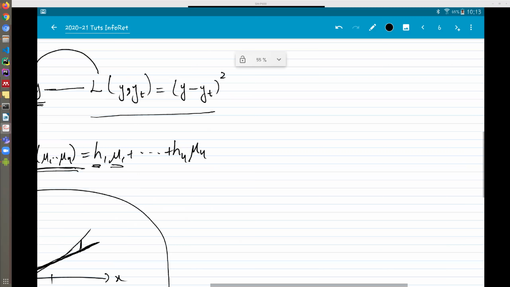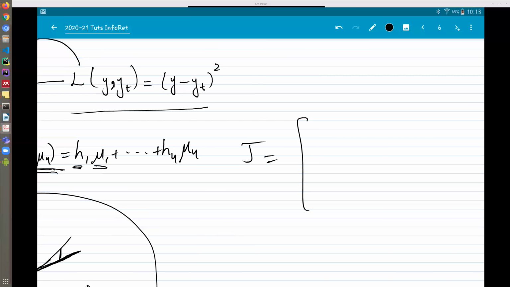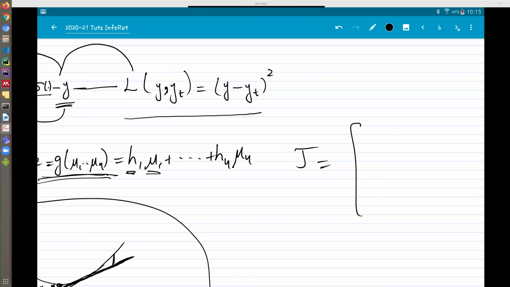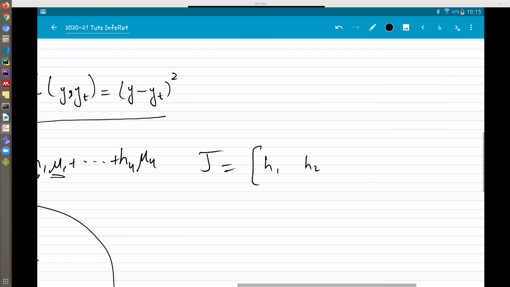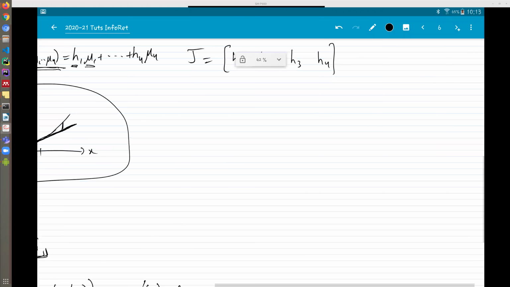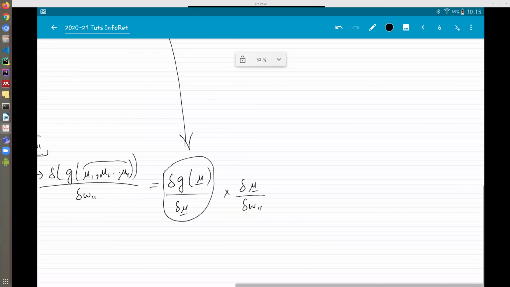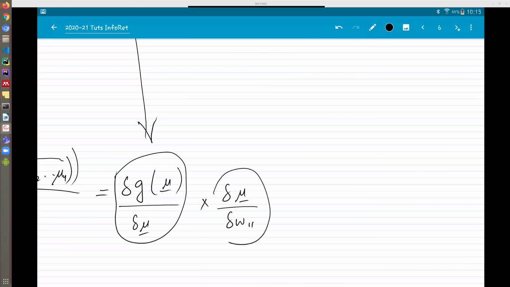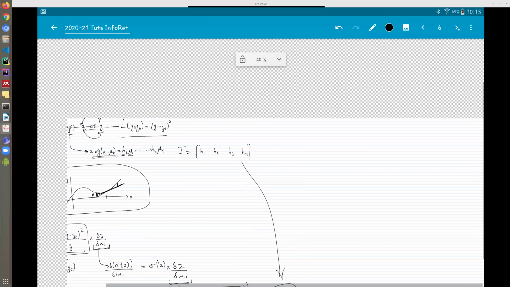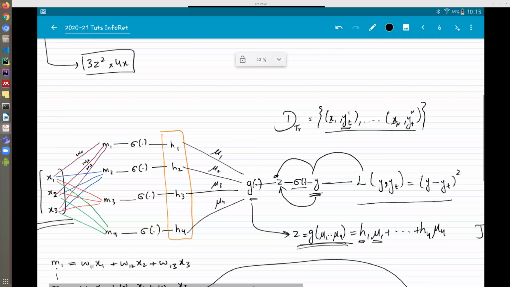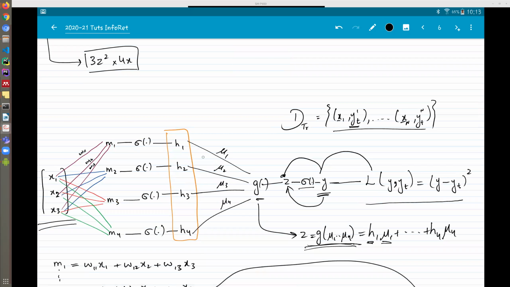So you can see its Jacobian is this whole function with respect to all these variables, and it will be h1, h2, h3, and h4, right? And so this gives the value here, and then we have this with respect to w11.